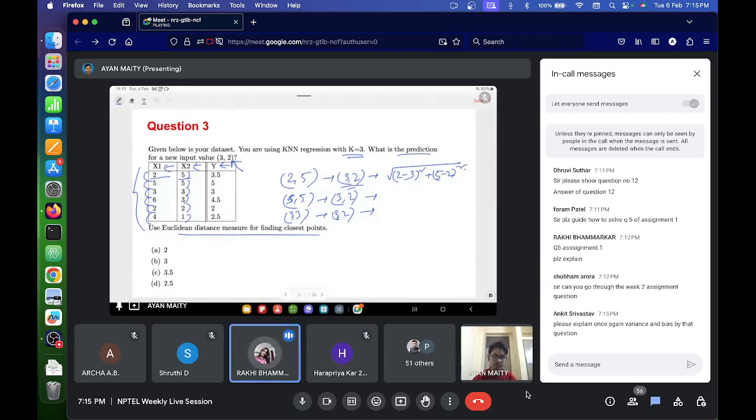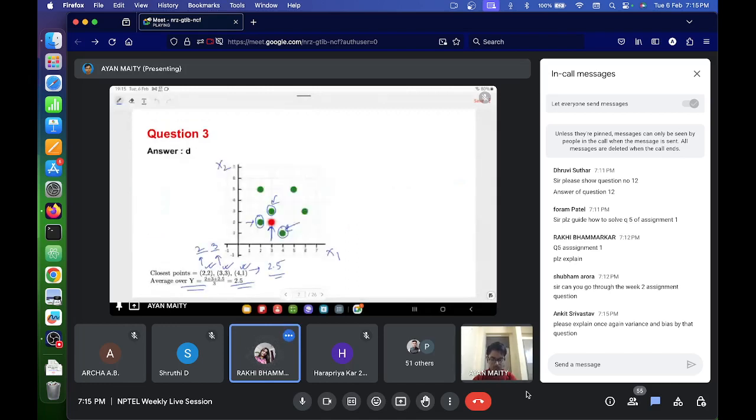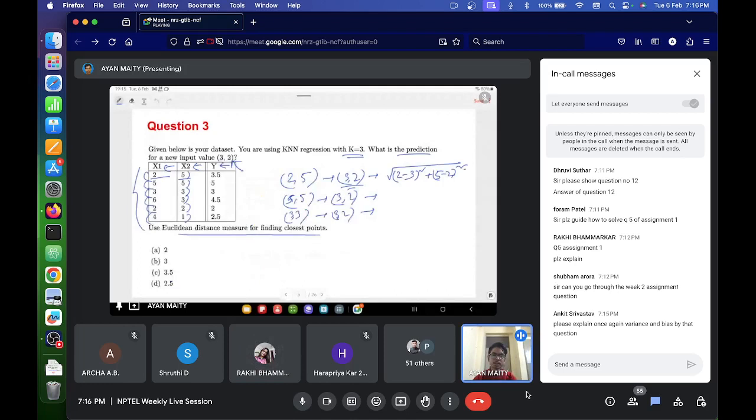So, will you explain question number 5 from assignment 1? Assignment 1 is not over yet. The deadline is not over yet. Yeah, some similar kind of questions. Question 5, what was this? Was it on KNN or on regression?